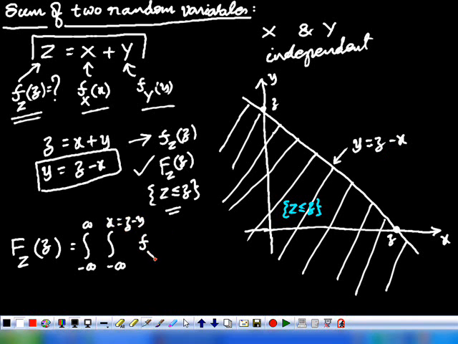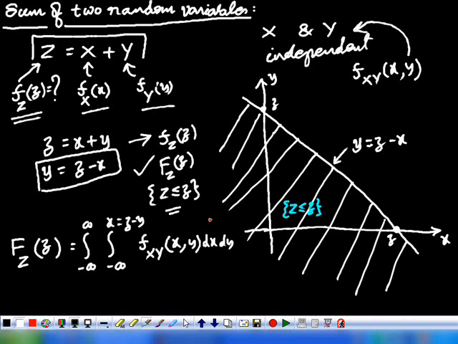And this is fXY(x,y) dx dy. Is it right? With the assumption that fXY(x,y) is the joint density function of the two random variables X and Y.